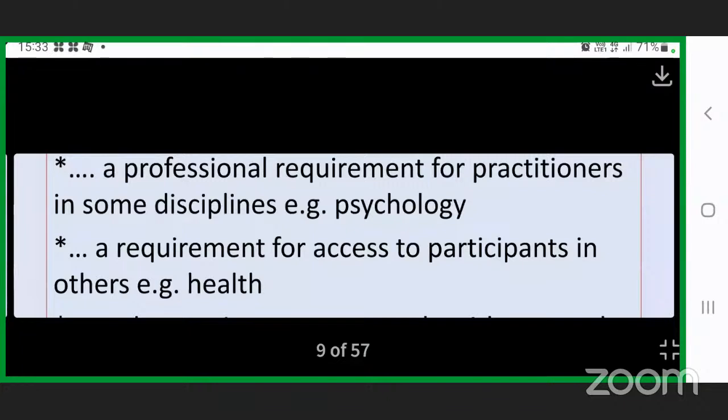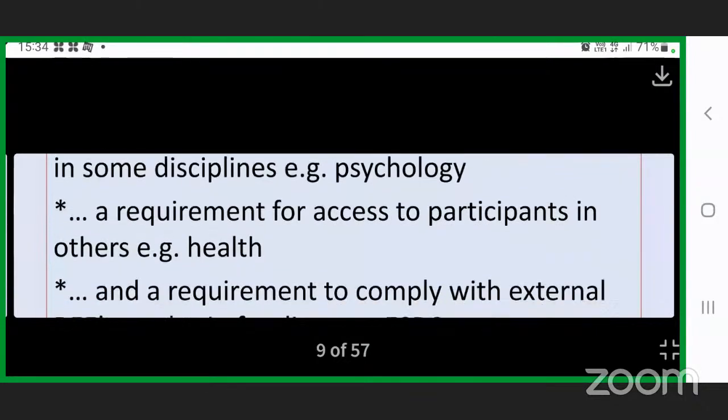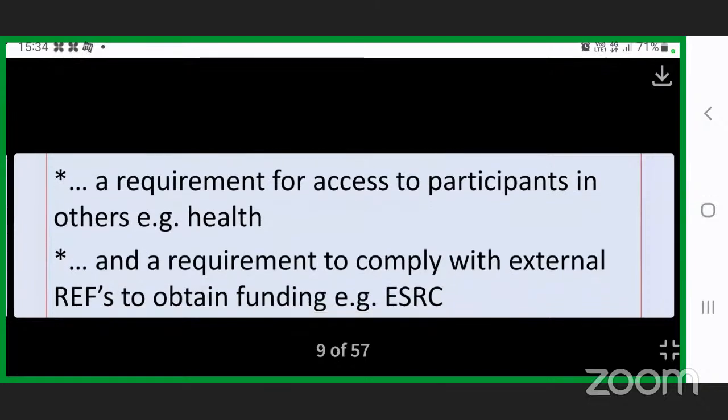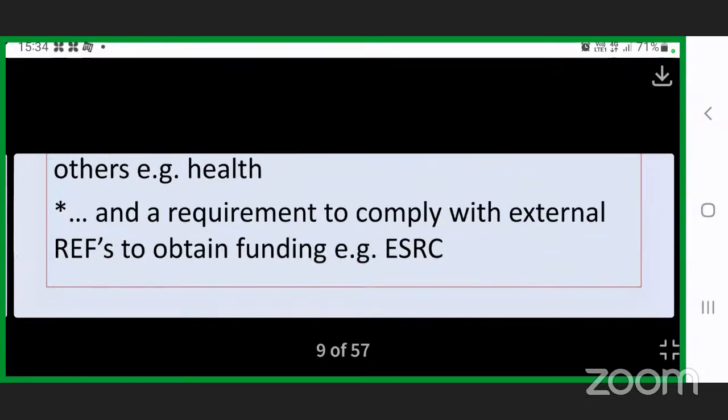Here we have taken the example of psychology. As per the requirement of the practitioner, the ethics should be changed. Then there is the requirement for access to participants. As I have said, in pharmacy and health, the requirement will be different.